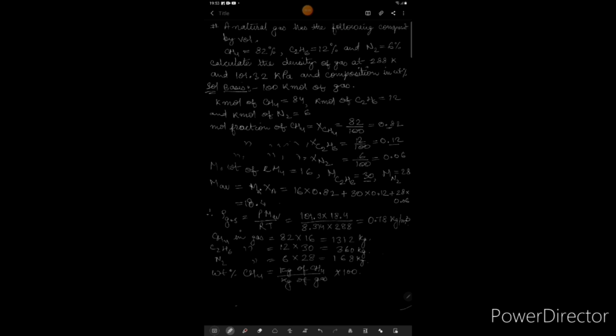So individually we can calculate the component quantity in kg and weight percent.